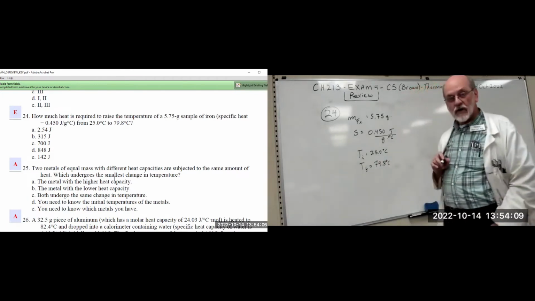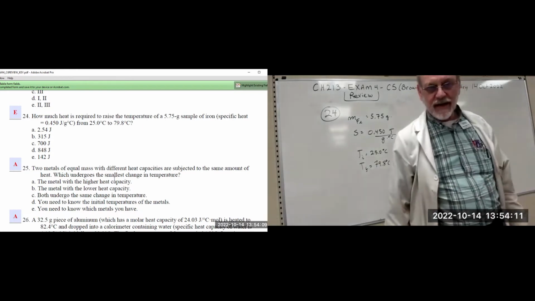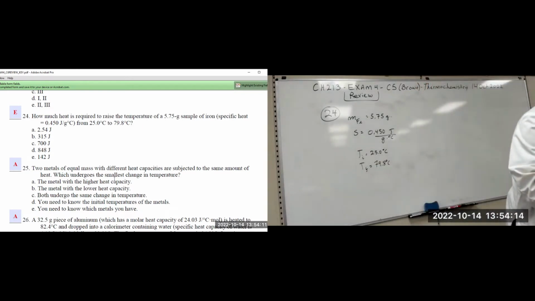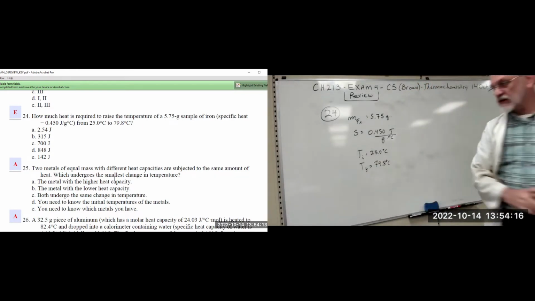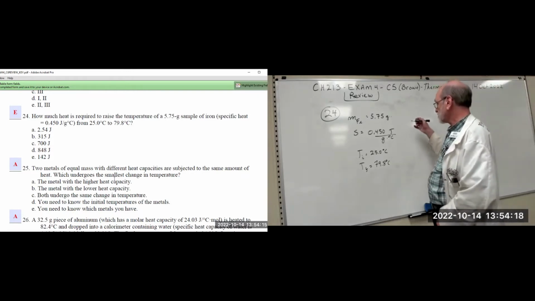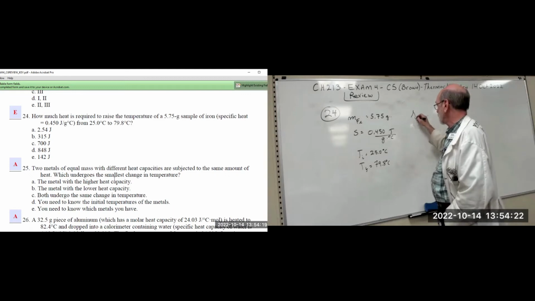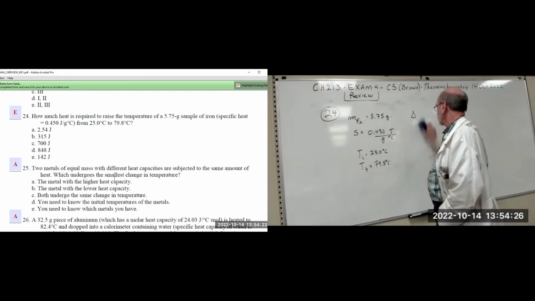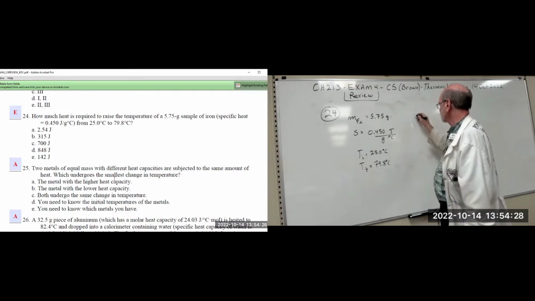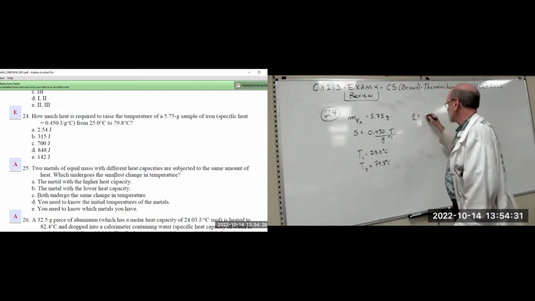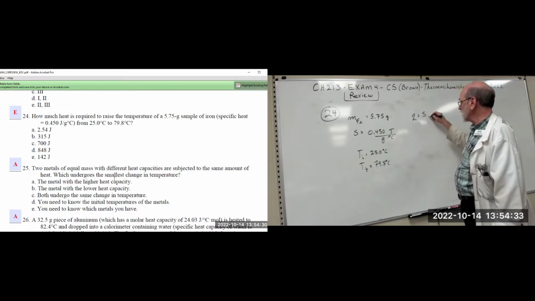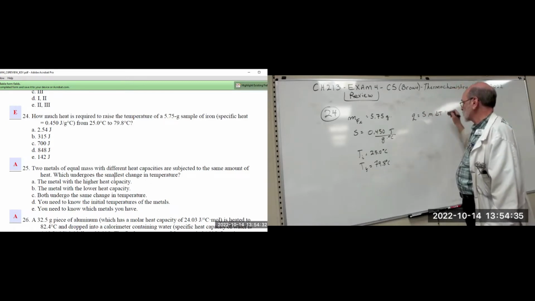Okay, so how do you figure that out? Do we have all the information we need? Let's just say Q, the heat change, is specific heat times mass times change in temperature.